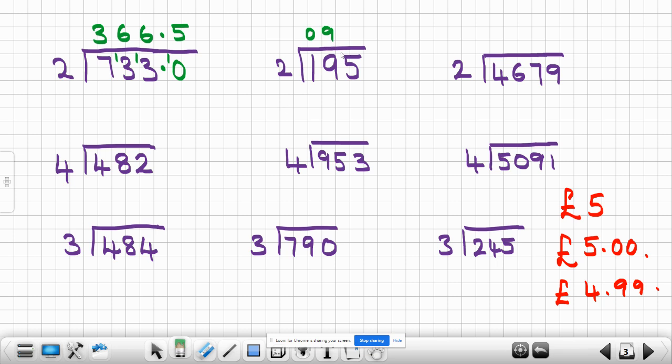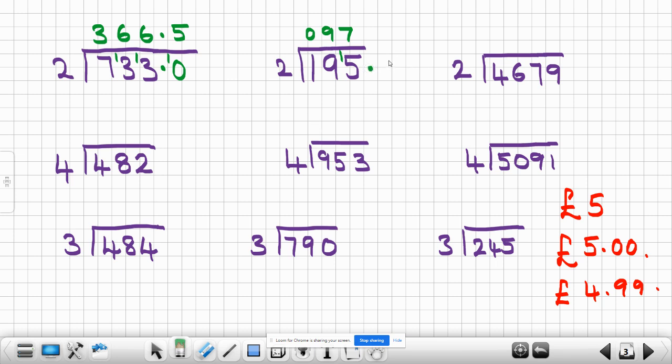So we've got 1 remainder. We'll put it in front of that 5 to make 15. 2's into 15 goes 7 times. 2 times 7 is 14. So again, we've got this remainder of 1 and nowhere to put it. We're going to do exactly what we did in the last one.